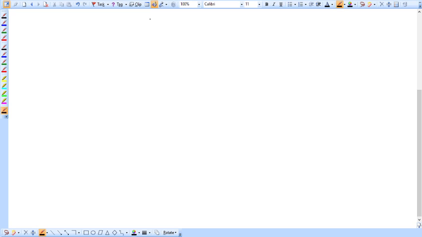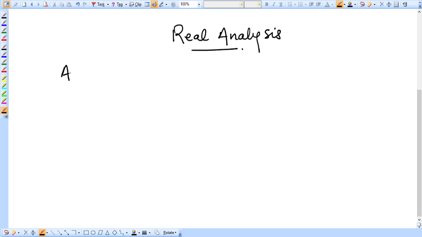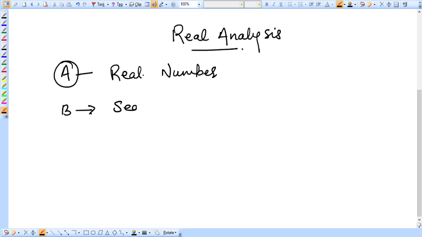So the syllabus of real analysis has been divided into four sections. In the first section we will be dealing with real numbers. In the second section, B, we are going to cover sequences.